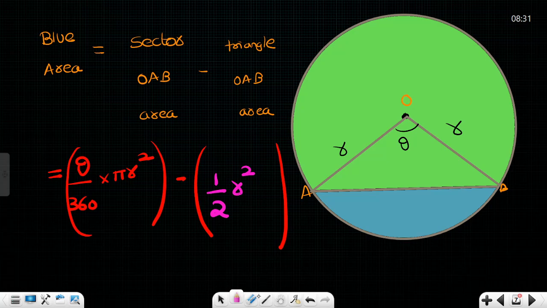No, it's not half r square, Akshita. I will derive it right now. Minus triangle area. Please write down like this. I will derive the triangle area in the next slide.